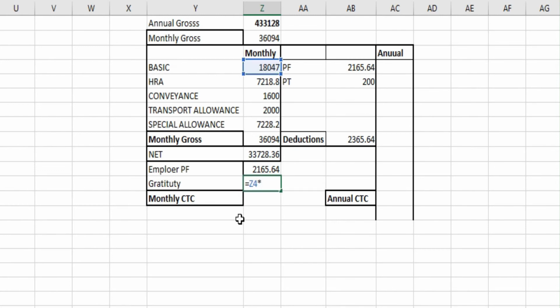The percentage is 4.81 percent, which comes to 68868. The total monthly CTC is monthly gross plus employer PF plus gratuity. This is the total monthly CTC.